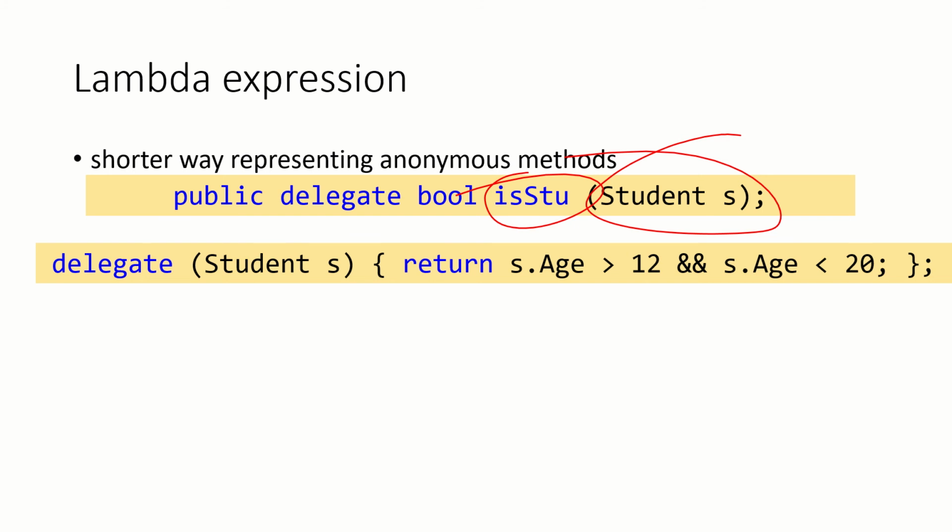Then we want an anonymous method for this delegation. So this is an anonymous method. Anyone can tell me what will be returned? What is this one trying to do?